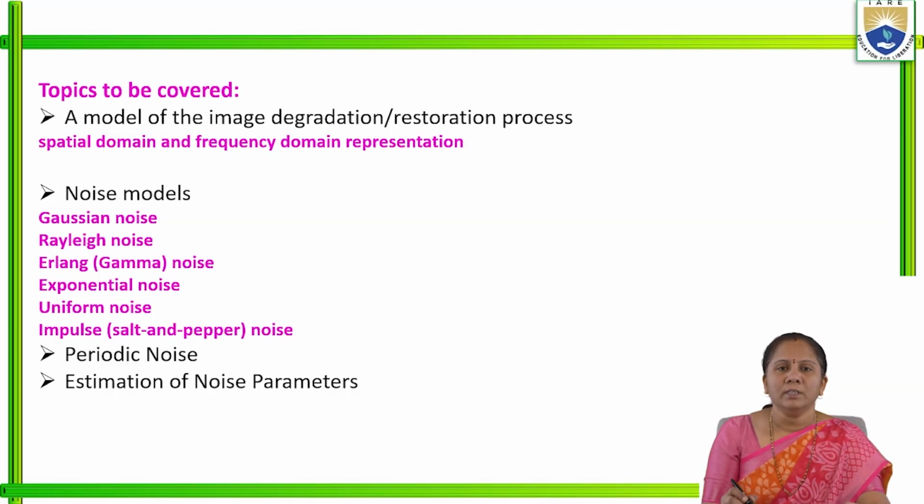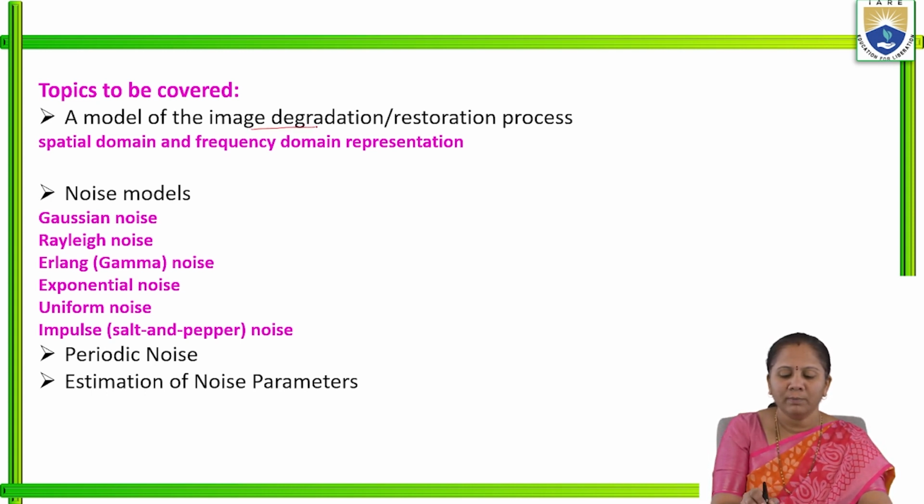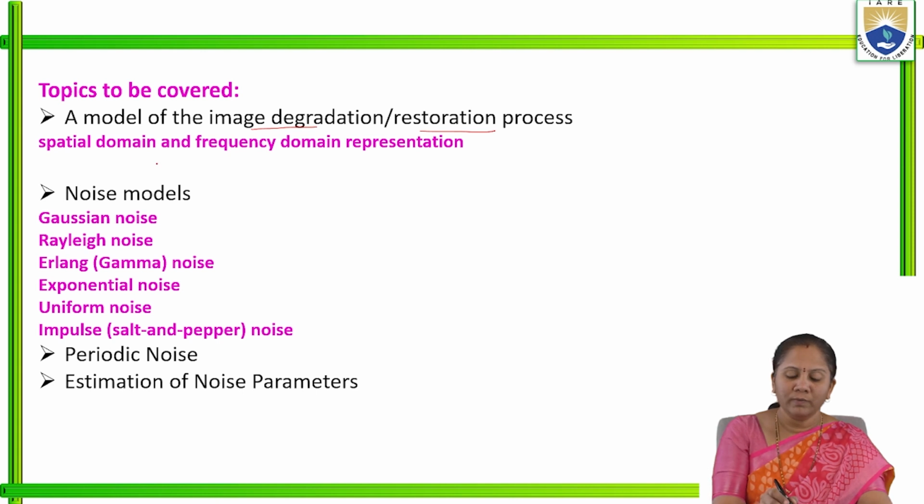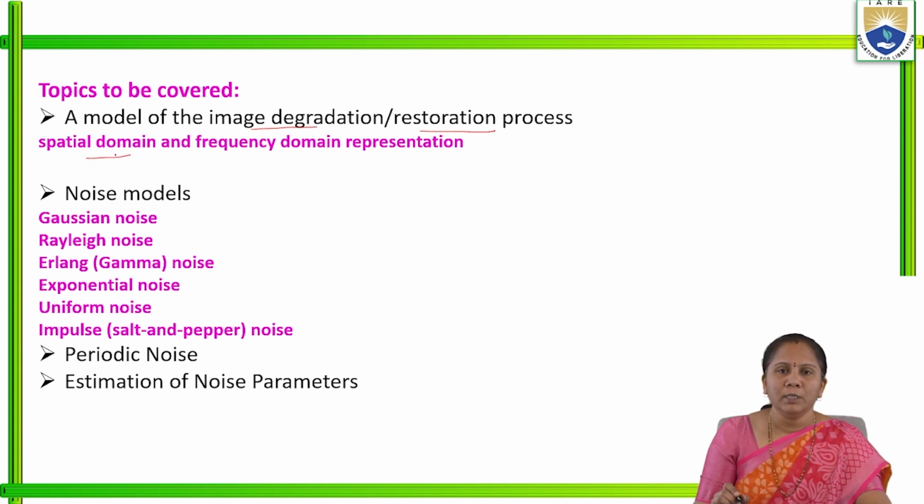In the model of image degradation and restoration process, we are going to learn what image degradation is and what image restoration is, and how both of them are helpful for image enhancement. We will also see how to represent image degradation in the spatial domain and in the frequency domain.